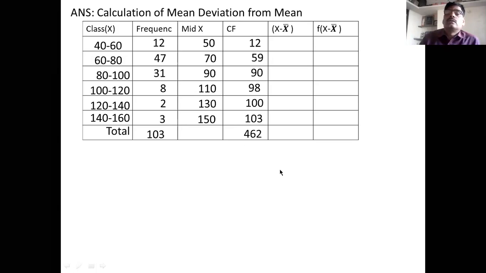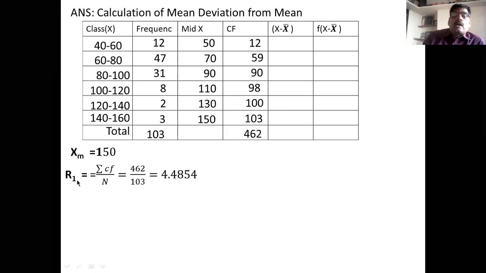Take the total. Then you calculate XM. XM is the mid value of the last class. Last class is 140 to 160. Mid value of this is 150. So it is called XM. Then you calculate R1.